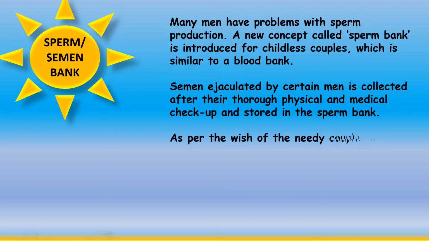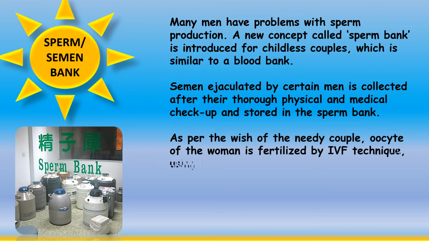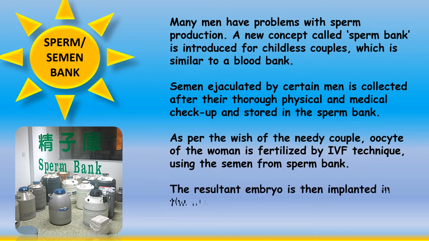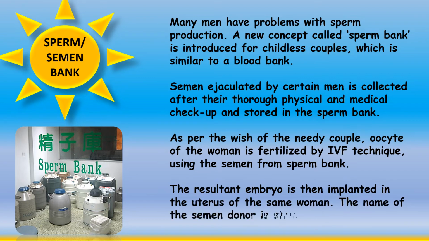Now, as per the wish of the needy couple, the oocyte or the female gamete of the woman is fertilized by the IVF technique in a test tube using semen not from the husband but from the sperm bank. The embryo that is formed is then taken and implanted in the uterus of the same woman. But the name of the donor, the person who has donated his semen, is strictly kept a secret as per the law.